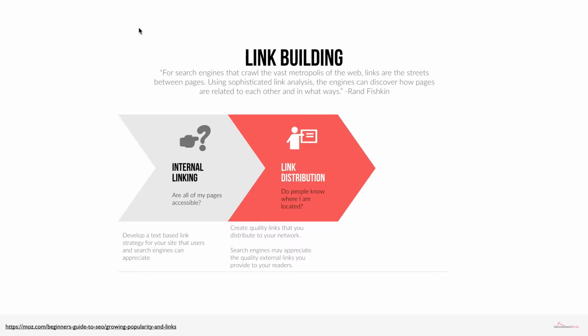Search engines may appreciate the quality of the external links that you provide to readers, which means that the more high-quality links that point to your website that can be found on other high-quality websites on the internet, the higher up the search engine results for those relevant keywords Google is going to let you climb because of those links.